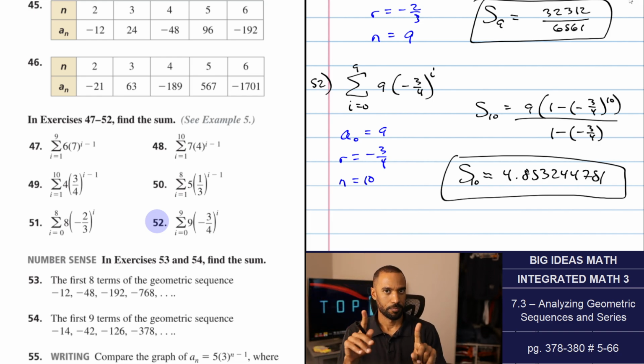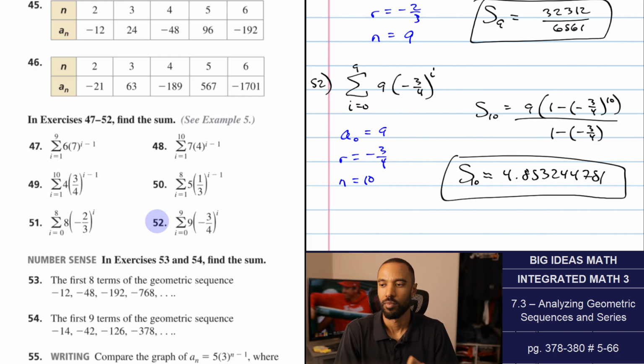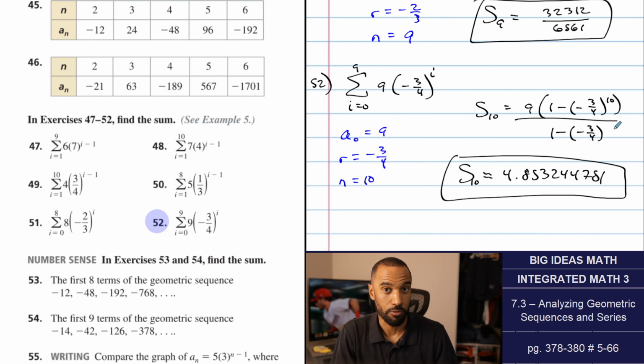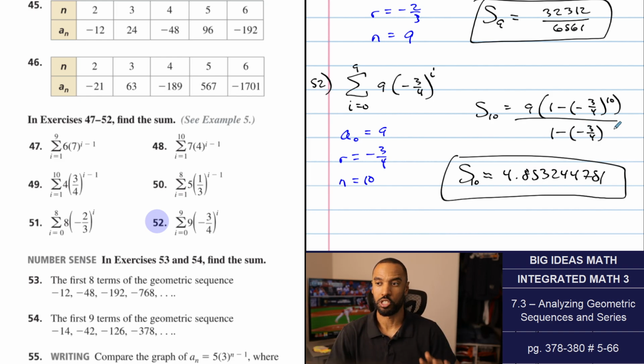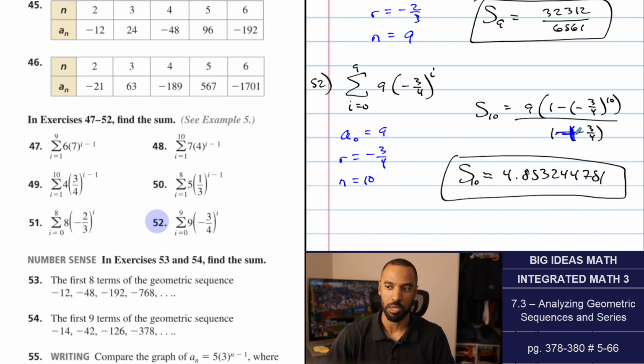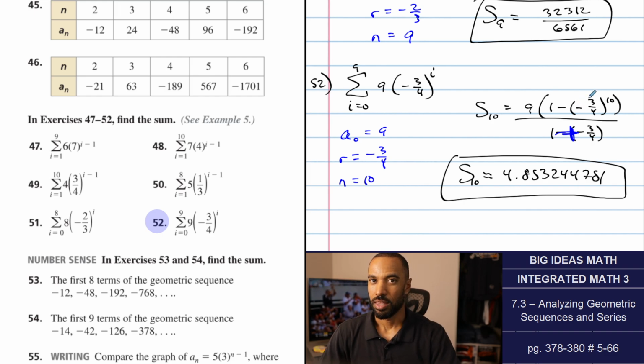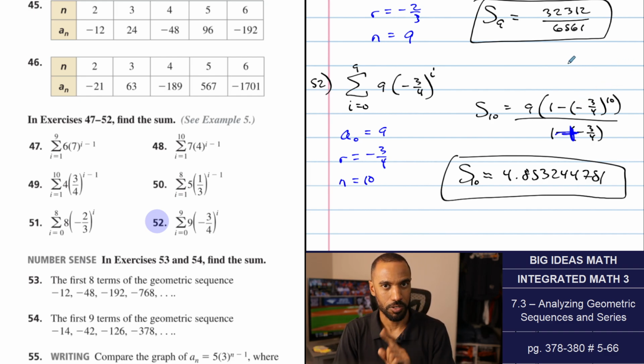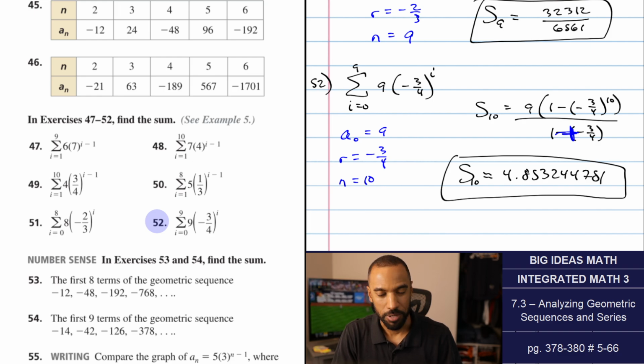Now, here's where you got to be careful. 1 minus negative 3/4 is 1 plus 3/4, right? Now, I'm not talking about what that turns into, but just as far as we simplify, this can be a plus. Yeah? Can we turn this into plus? This was minus a negative as well. Can we turn this one into a plus? No. That's the tricky part. Here's the thing. PEMDAS. This has to go first.